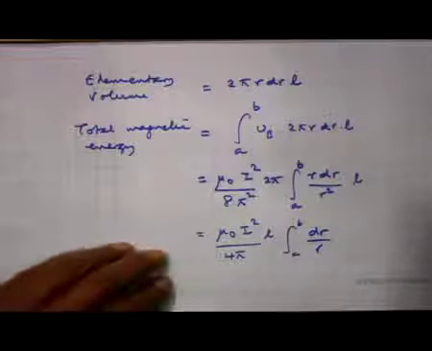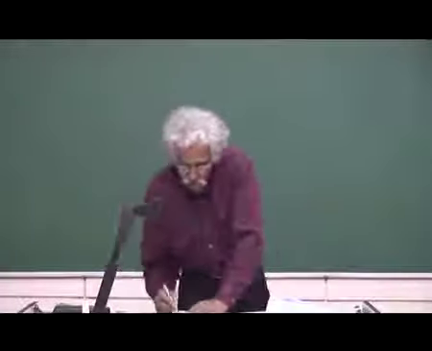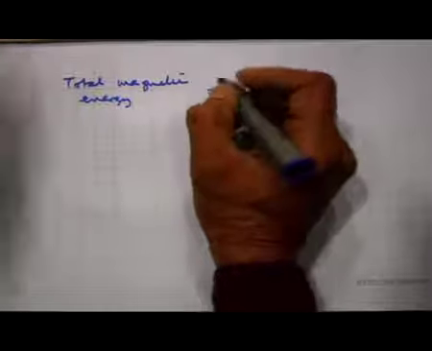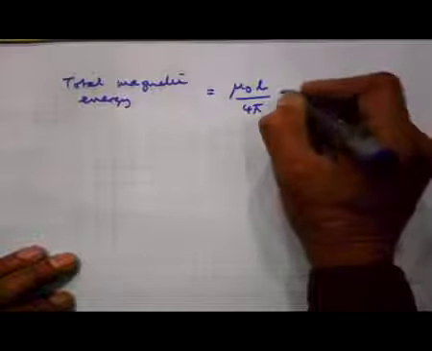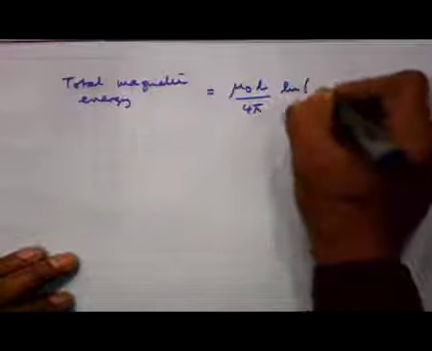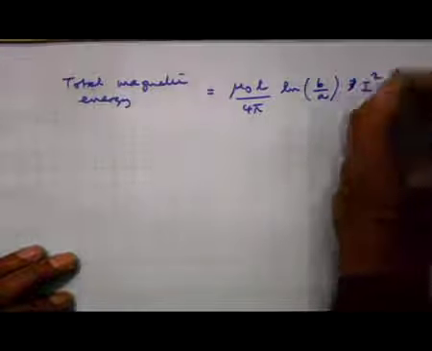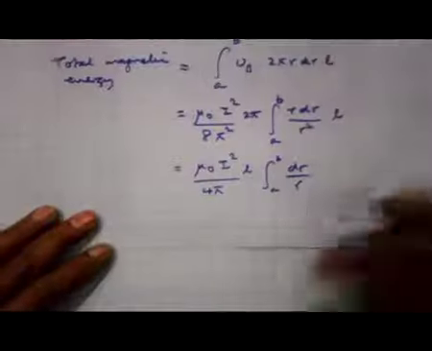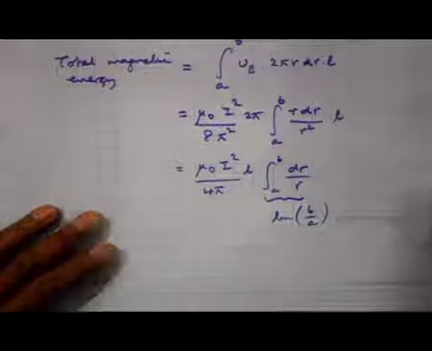Now, dr by r is nothing but log r, and if I integrate from A to B with limits, I will get the total magnetic energy equal to mu naught L by 4 pi into log B by A into I square. So, please note this integral is log B by A.